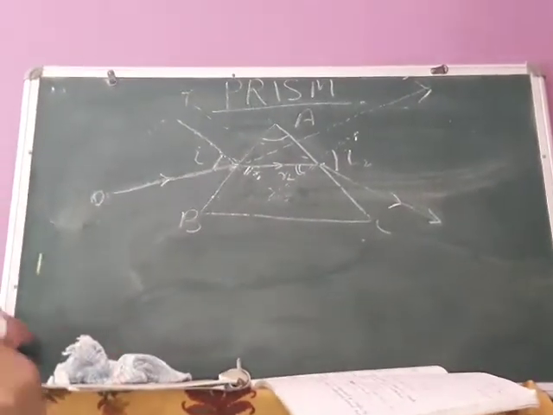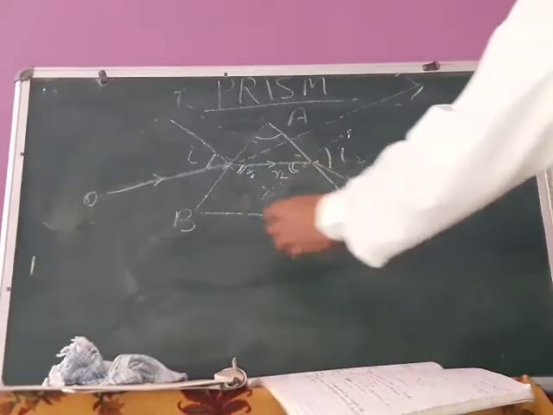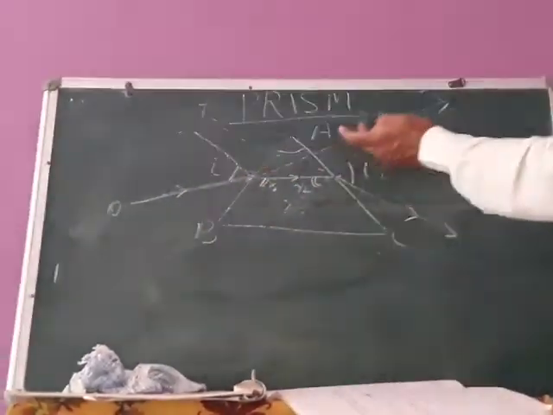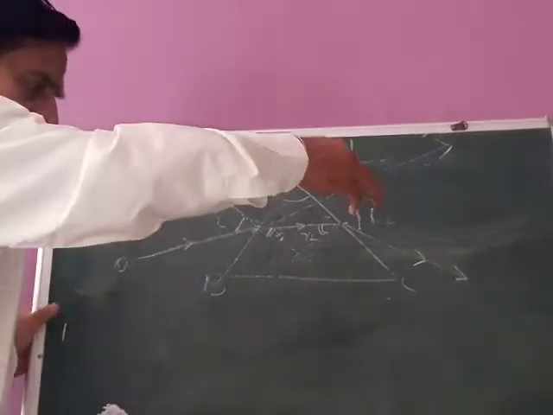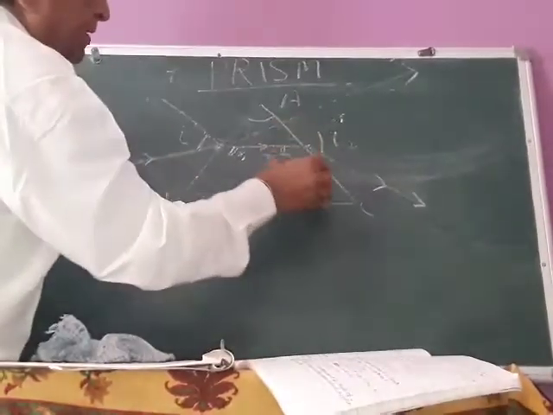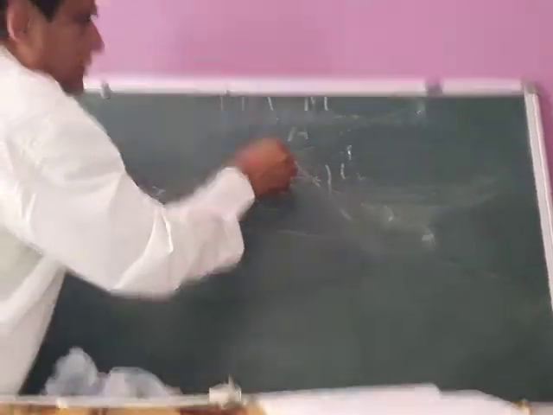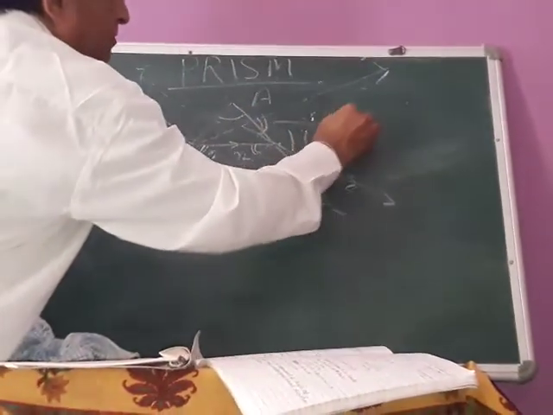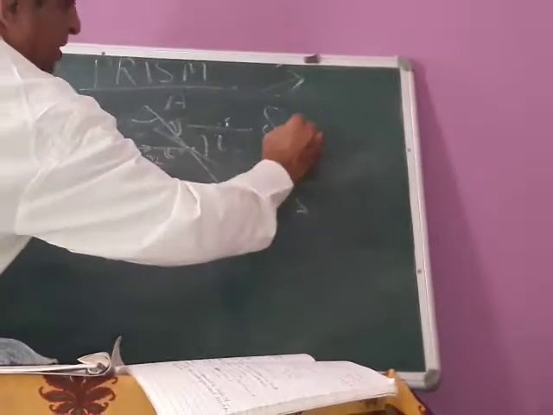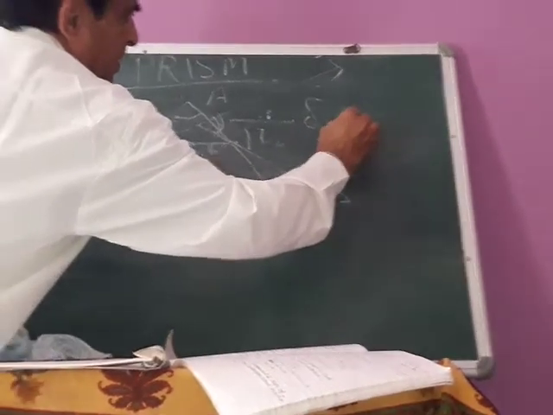You could see the object straight, with light coming from there. But due to this prism, the light has gone to this side. It means it has deviated by this angle. This angle is called the angle of deviation.